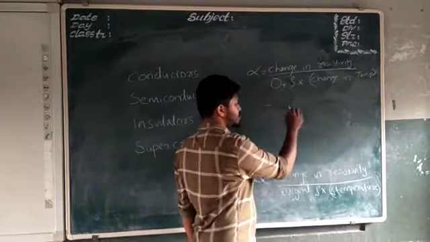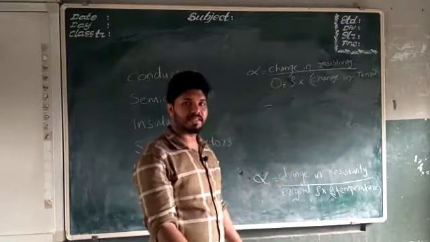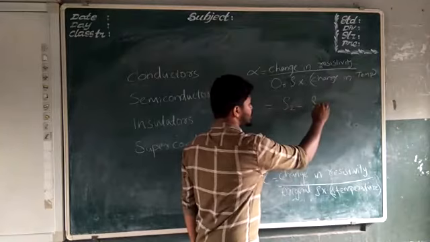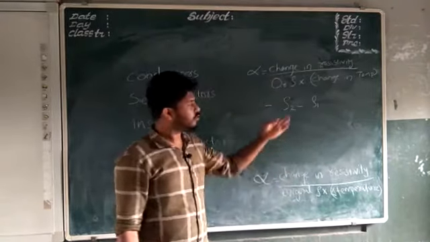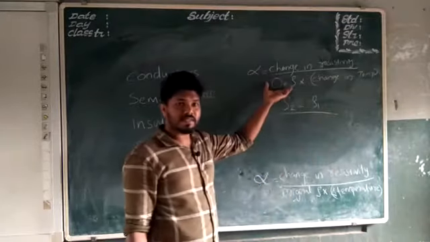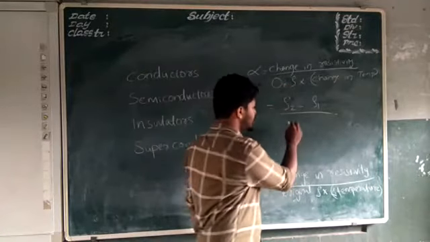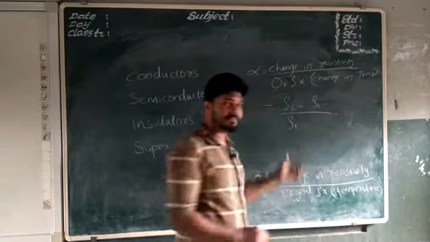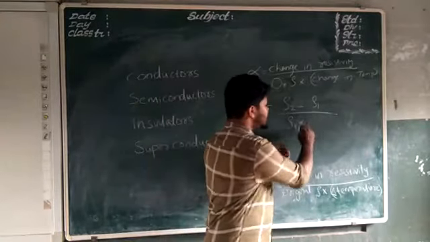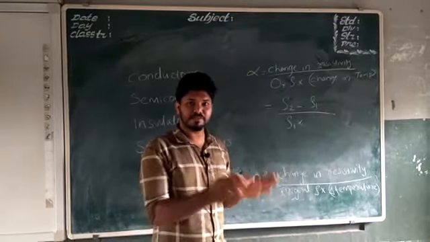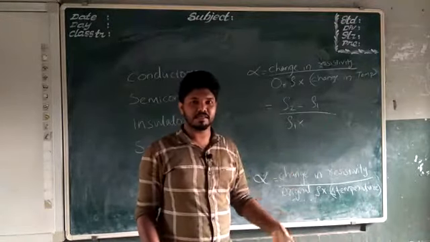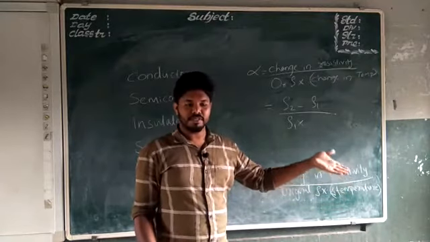Now, what was the change in resistivity? The first resistivity was ρ1 and the second one is ρ2. The final minus initial gives the change in resistivity, that is ρ2 minus ρ1. The original resistivity is ρ1, the first resistivity of the material. Now the change in temperature: at first it was room temperature, T1 degrees Celsius, and after some time it becomes T2 degrees Celsius.